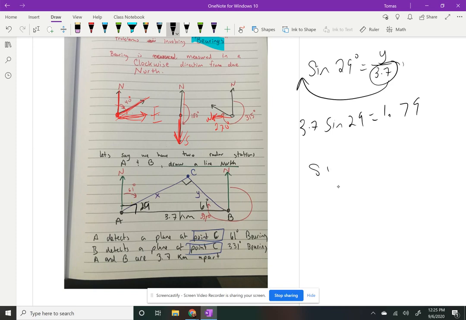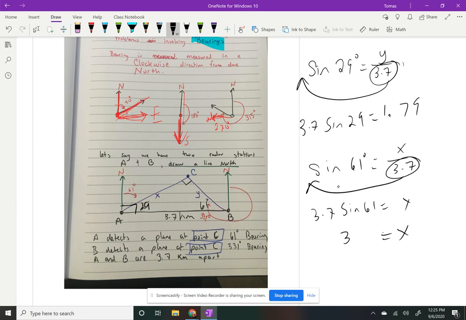Well, we do sine of 61, which would be x over 3.7. Same concept, bring it to the front. 3.7 times sine of 61, and we get x equals 3.2.